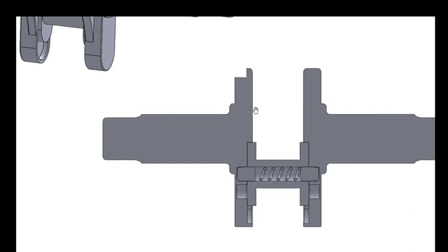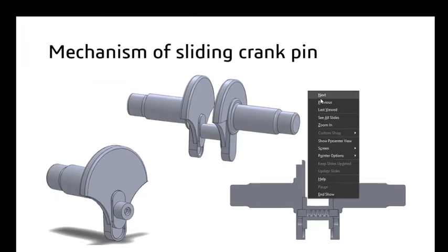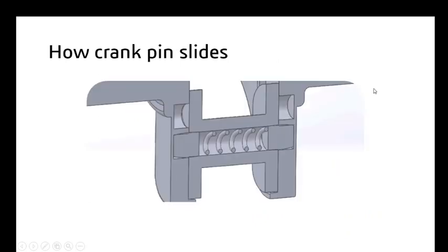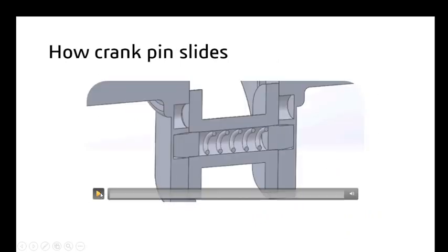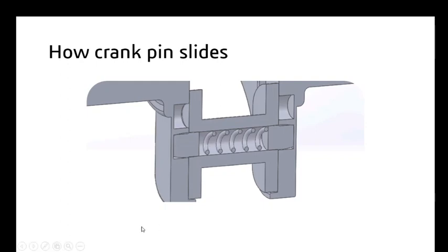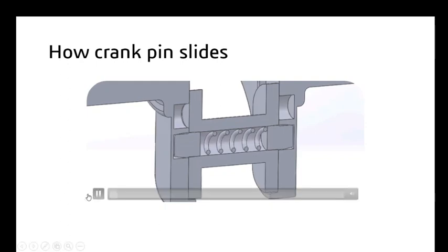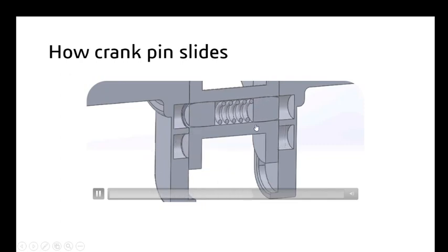To visualize this mechanism, let's go to the next slide. This is how the crank pin slides in our crankshaft. Based upon the electromagnet at this position, these two pins slide inside the provided slot and then are retracted.